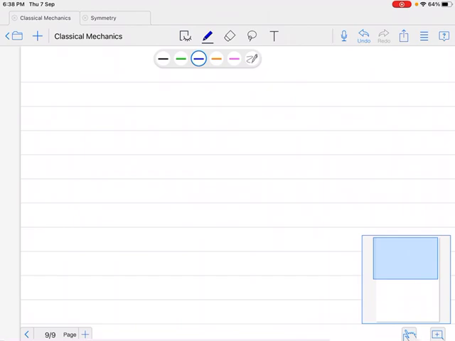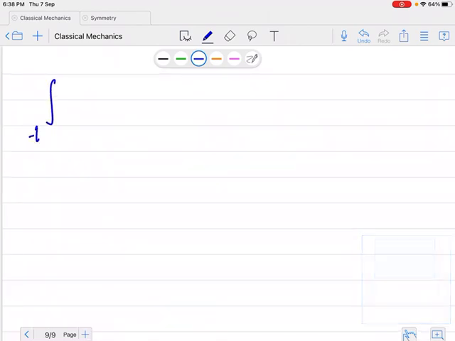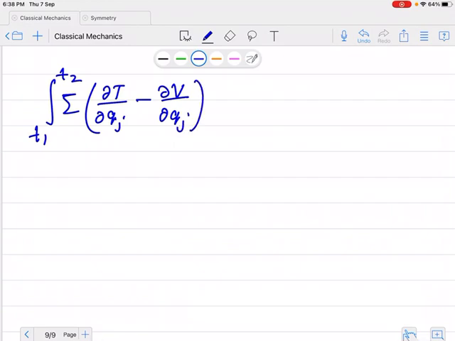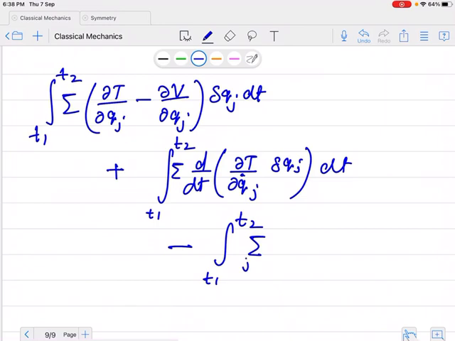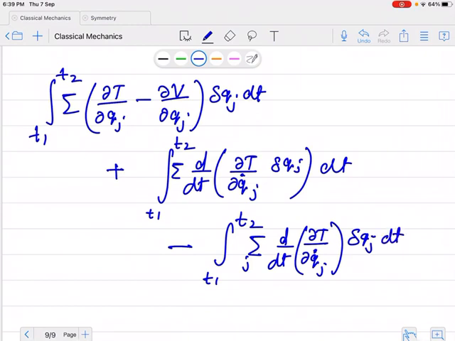So the first part is as it is, the sum over j, plus the integral of this whole differentiation, d by dt of (del T by del qj dot) delta qj, dt, with the sum as it is, from t1 to t2, minus the integral from t1 to t2 of the sum over j, is equal to 0.